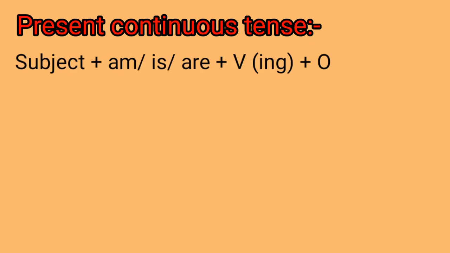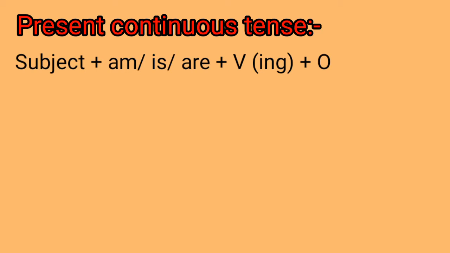Now you can see on the screen that this tense also has a structure, and the structure is subject plus am/is/are plus verb ing form plus object. Always keep in mind that every tense begins with the subject.